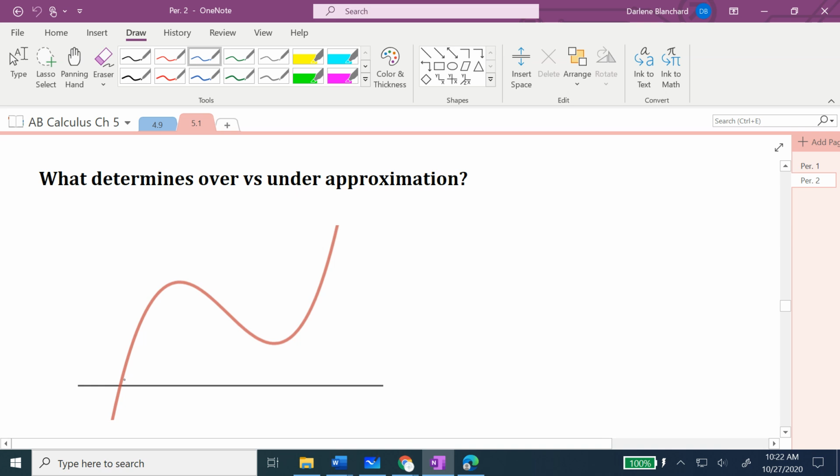So let's say we're looking at right Riemann sums. If I'm doing a right Riemann sum, then I'm taking a right x coordinate and making a rectangle. Now, I don't really want to sit here drawing this many rectangles. You just need enough to figure out for yourself what matters.